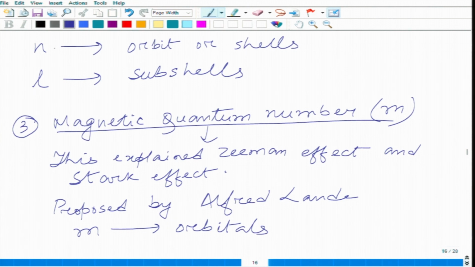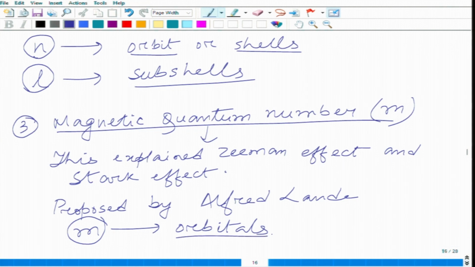So, we have principal quantum number n, which gives the orbit or shells, azimuthal quantum number L, which gives the subshells, and now we have magnetic quantum number m, which gives the orbitals. So, now we came to the conclusion of Schrodinger wave equation, which gave us three numbers n, L and m. We have discussed about the principal quantum number and azimuthal quantum number. Now we will discuss about magnetic quantum number and the fourth quantum number which came later. Thank you.